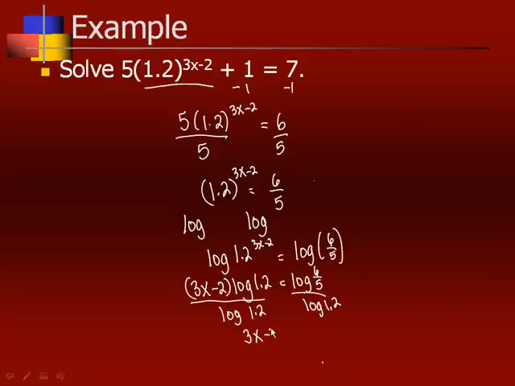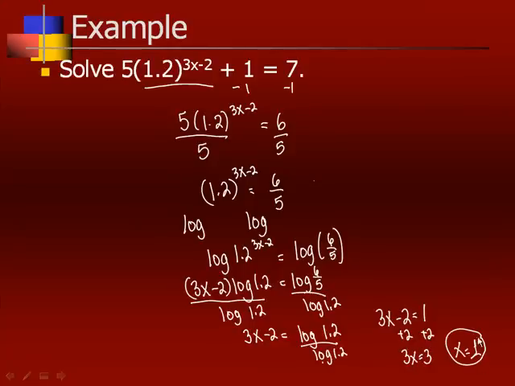So we get 3x minus 2 equals the log of 6 over 5, which is 1.2, divided by the log of 1.2. So we get 3x minus 2 is equal to 1, plus 2 plus 2, so we get 3x is equal to 3, or x is equal to 1.